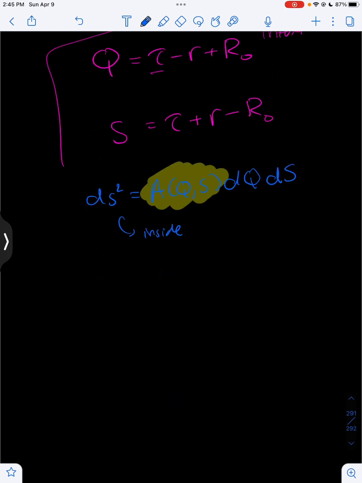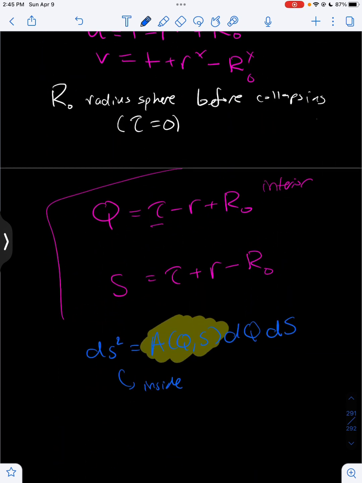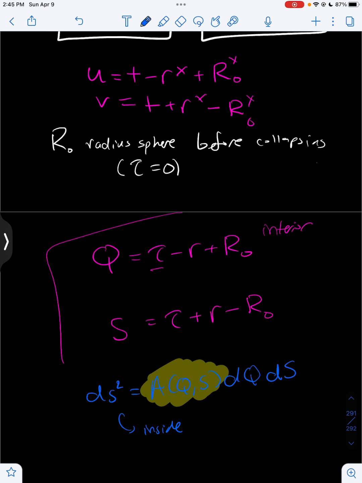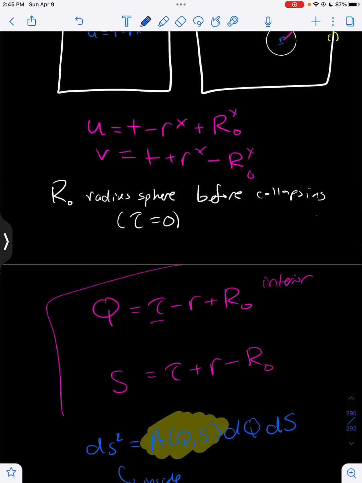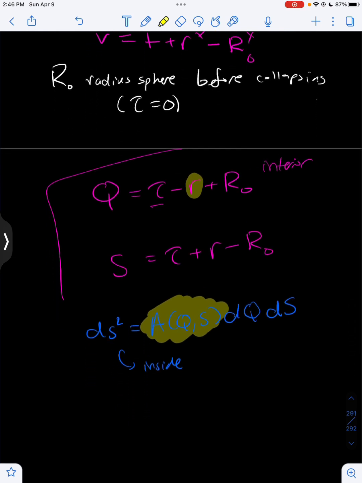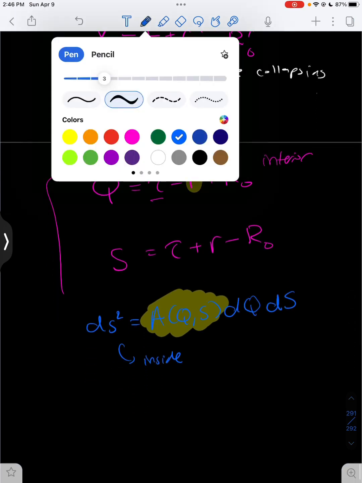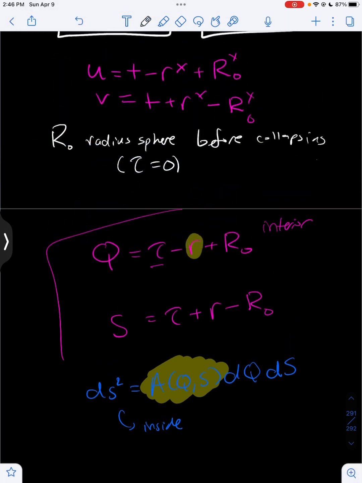So, yeah. Now, since our sphere is actually shrinking, we should note that this r over here is going to be the radius of the sphere. Since the sphere radius is decreasing over time, this means that r is going to be a function of proper time. Now, most books write this as r equals big R of tau.